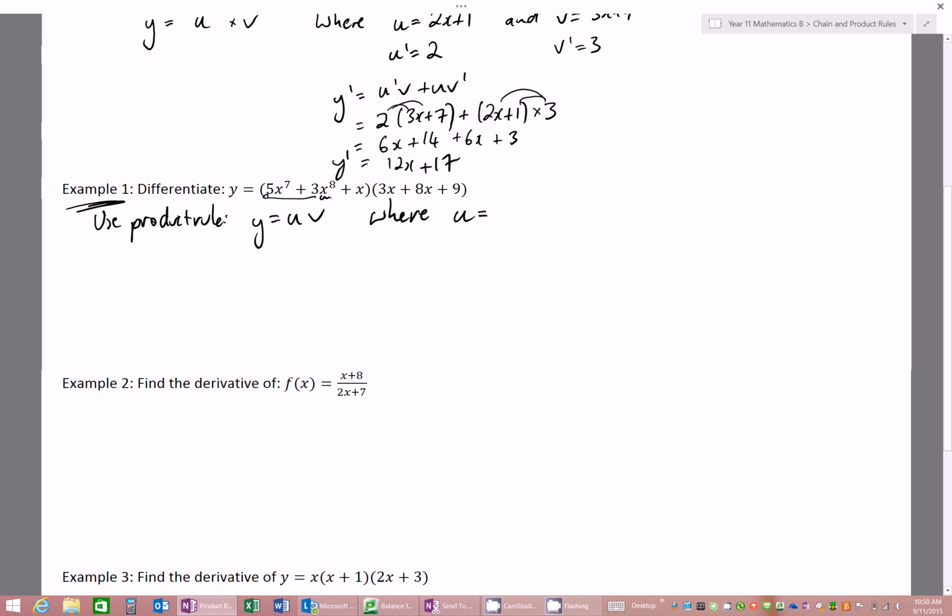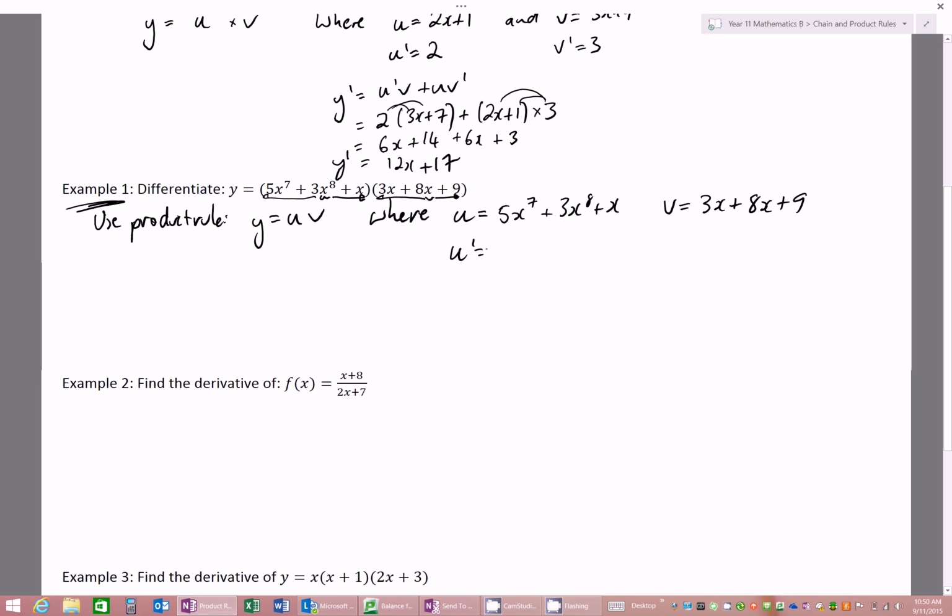Some people like to put a u and a v in here just to show what they are. 5x to the power 7 plus 3x to the power 8 plus x, and v is the other one, 3x plus 8x plus 9. Probably could have just collected like terms in the v function, but that's all good.